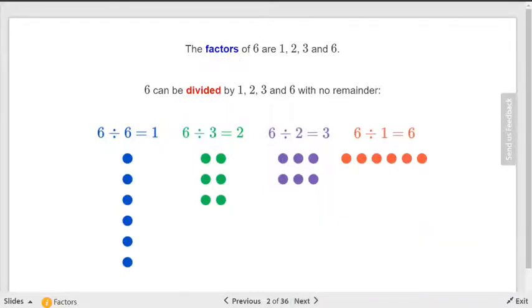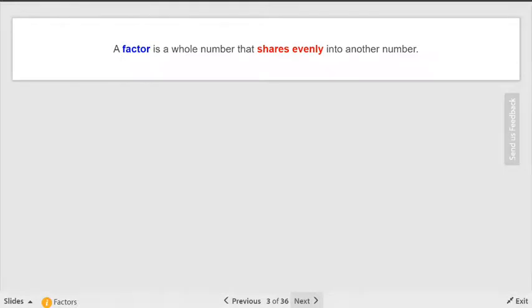That's just a definition, just a what it is. Let's talk about how to do it. A factor is a whole number that shares evenly into another number. What's another way of saying shares evenly? Divides evenly. But evenly. There can't be a remainder. So a factor is a whole number that divides evenly into another number.